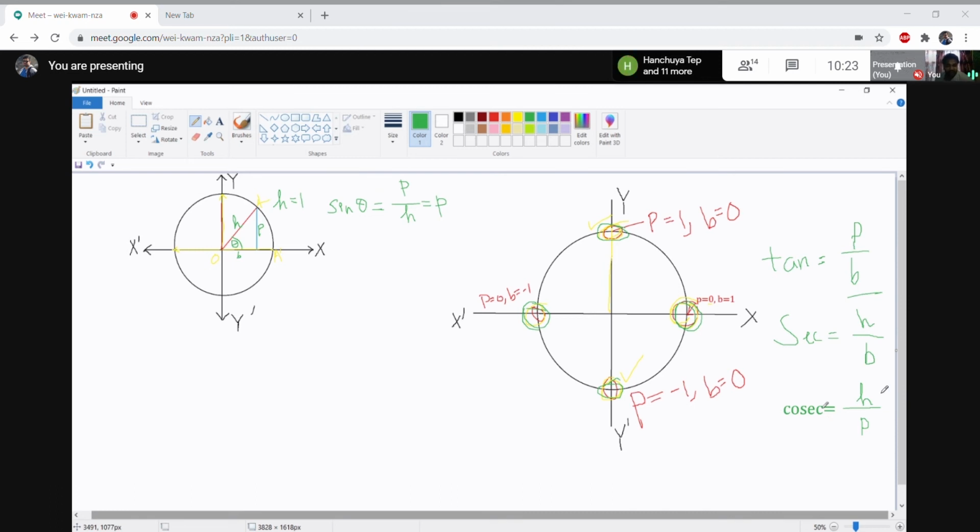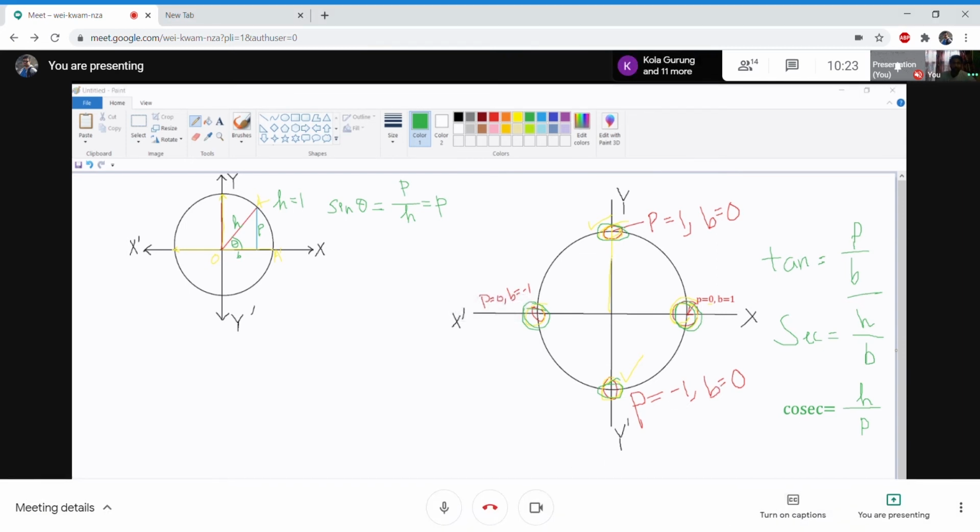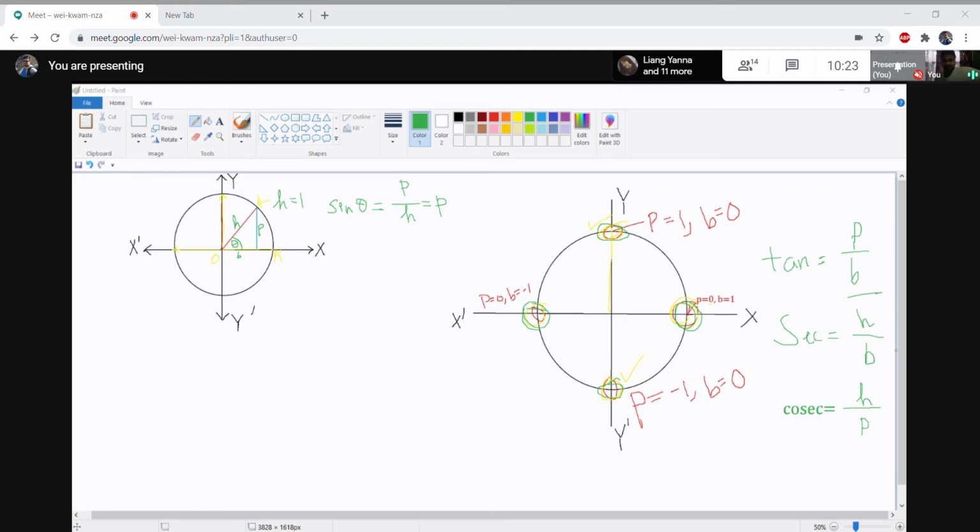If you have the table in your book, just open your table and check the points. Everyone open, those who are joining here, please open the table I gave you, and whatever I'm talking about, please open your table and let me know what is the value of cosec 0 and cosec pi.